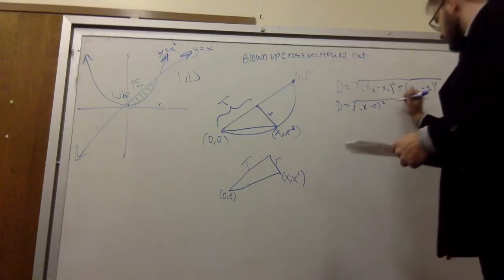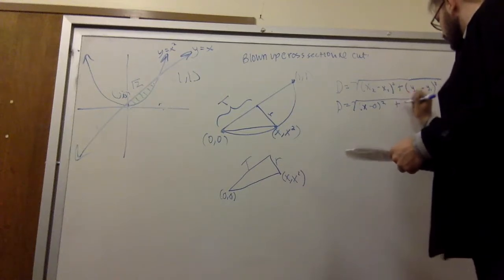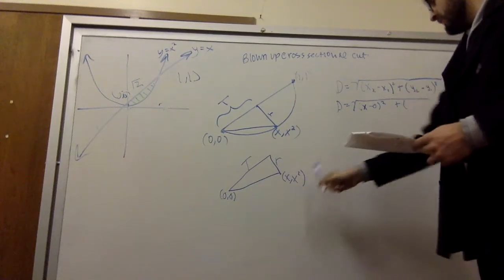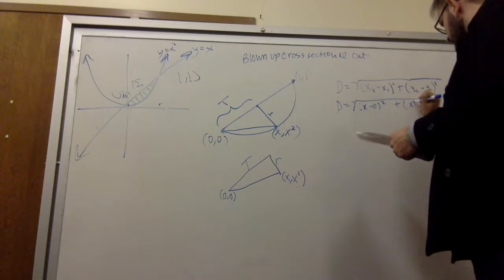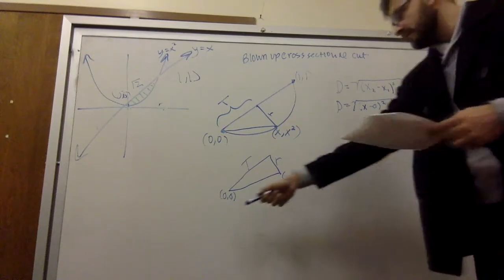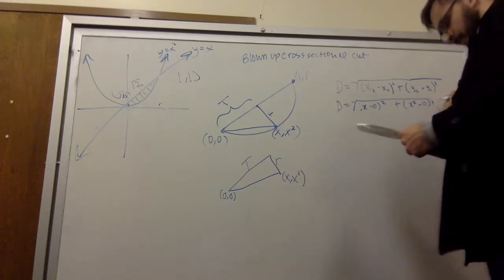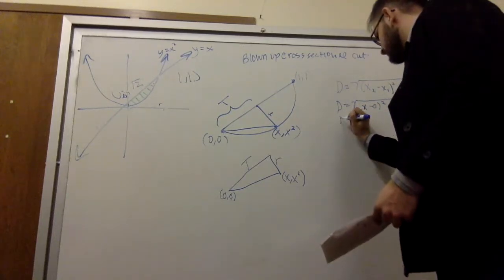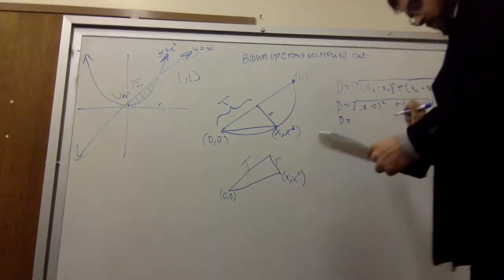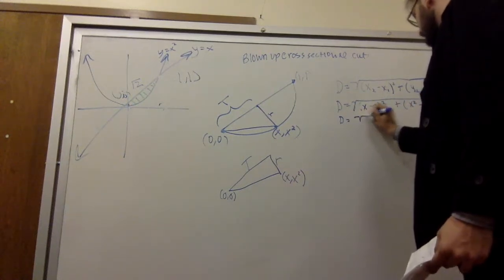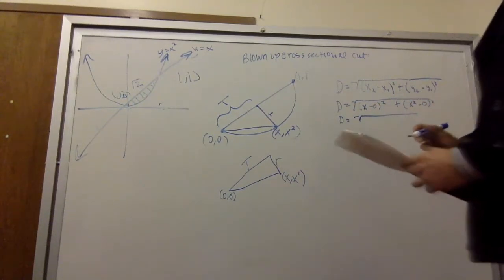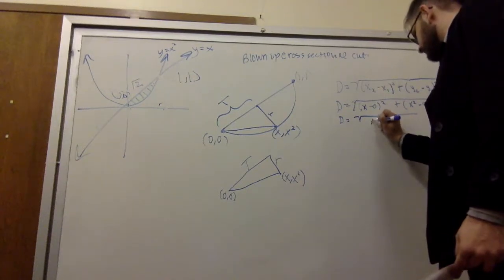And then plus our y sub 2, which will be x squared, minus our y1, which will be 0, squared. And once we do that all out, we will get the square root of x squared plus x to the fourth.